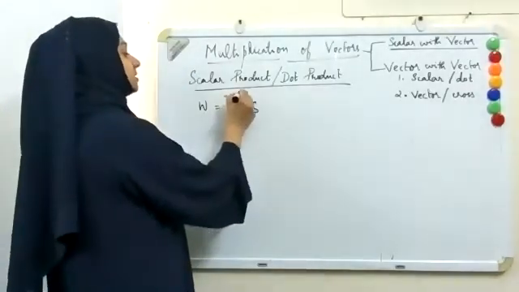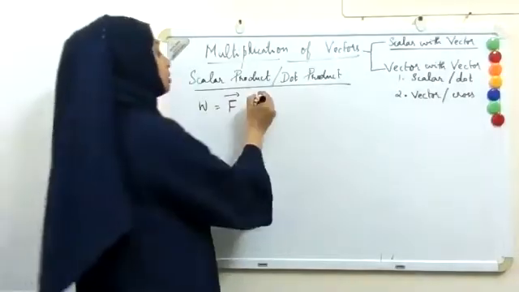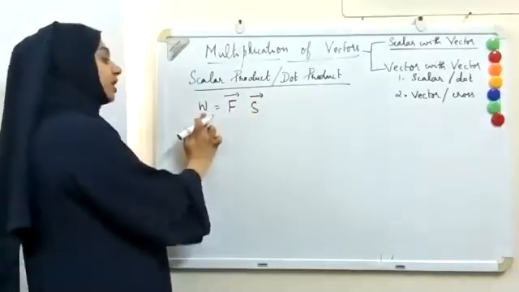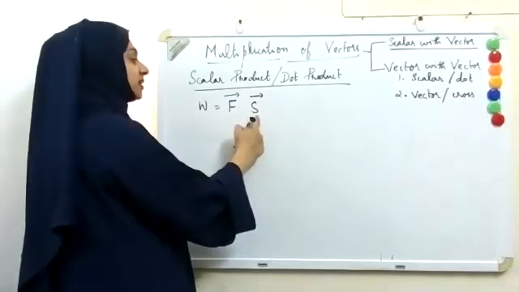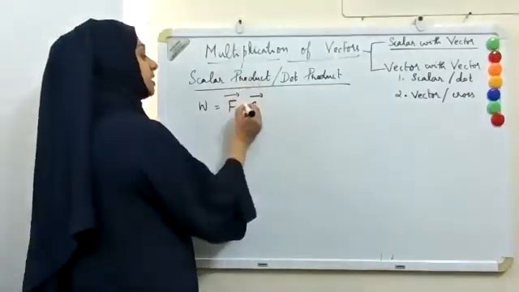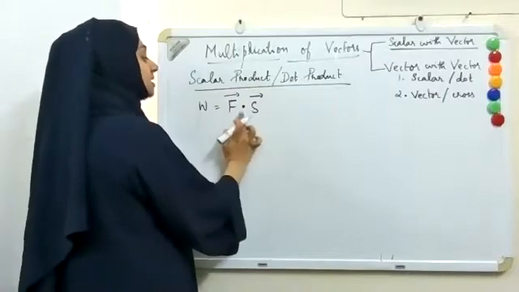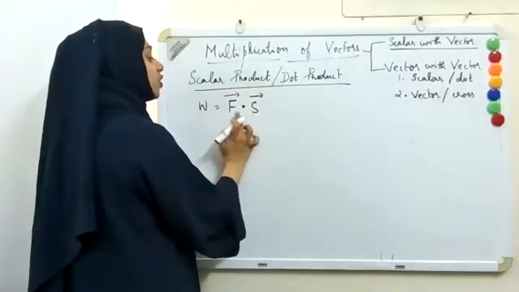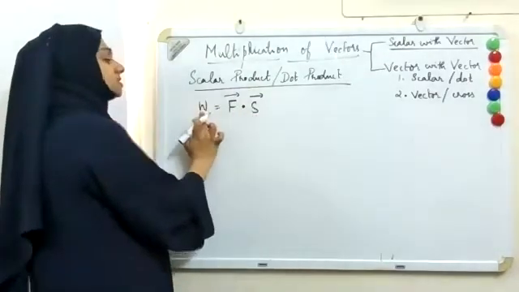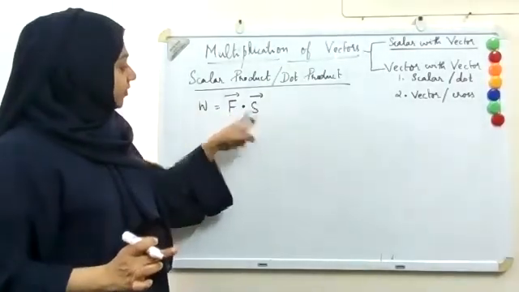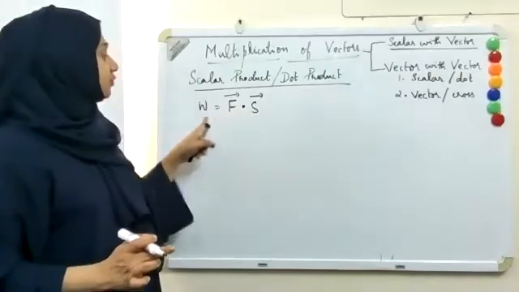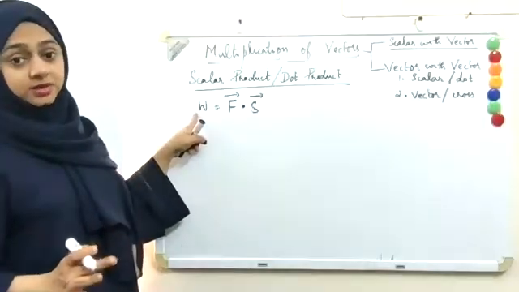Force is a vector. Displacement also is a vector. But work done is a scalar quantity. So how must they be multiplied? They should be dotted. That means the scalar product of force and displacement is the work done. So when we take the product of two vector quantities, we get a scalar quantity.